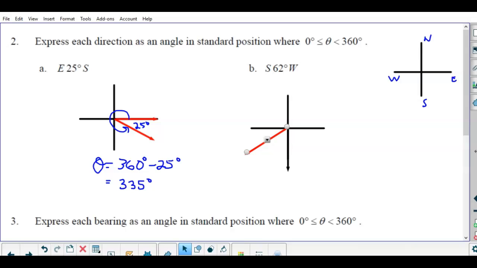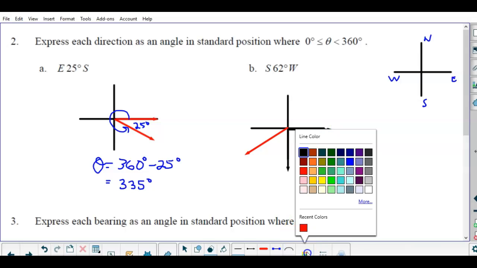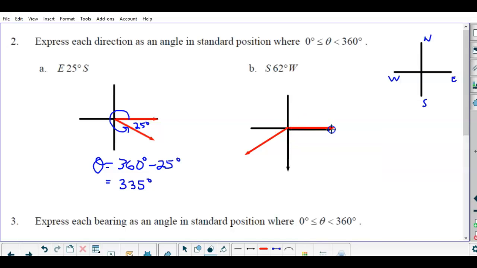And again, we're supposed to show an angle in standard position. So there, and then we're labeling it there.